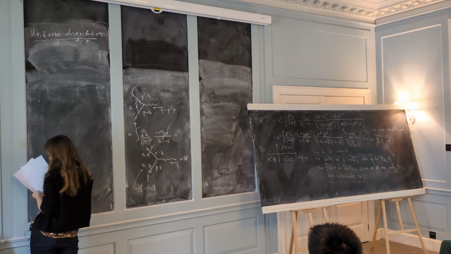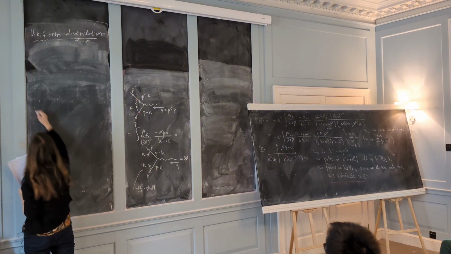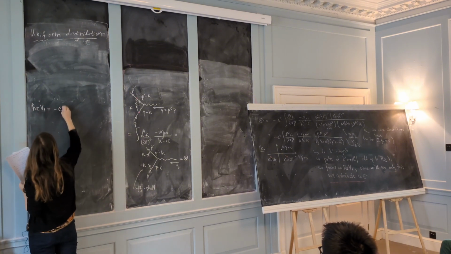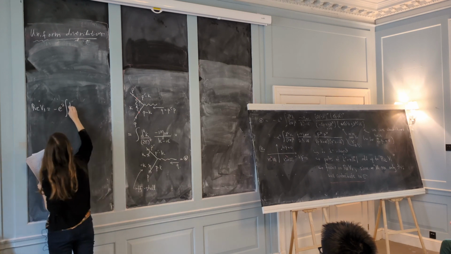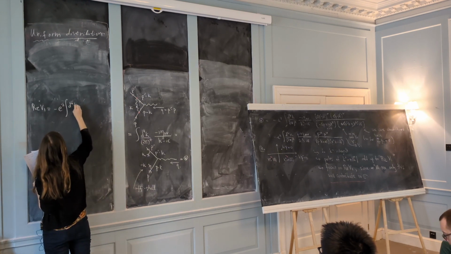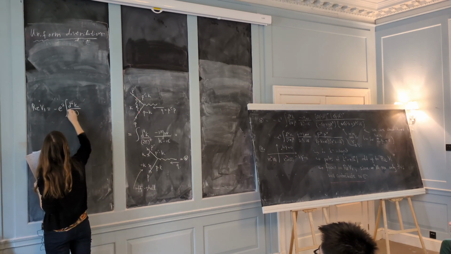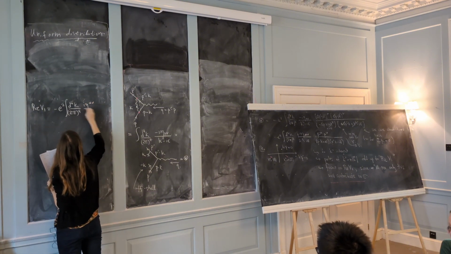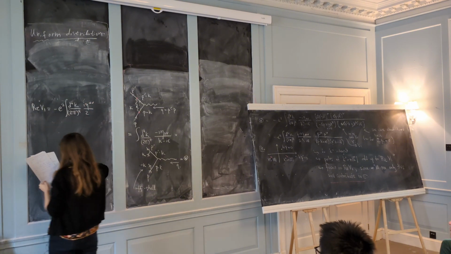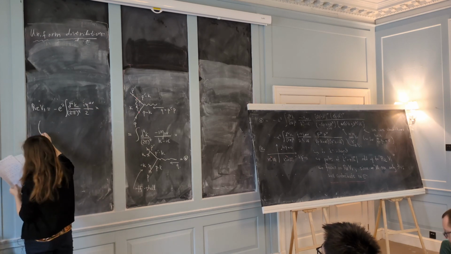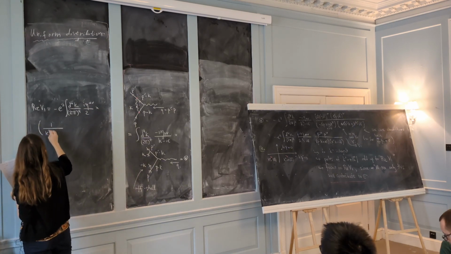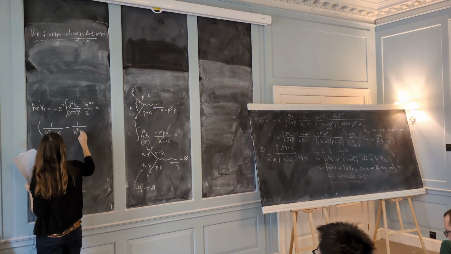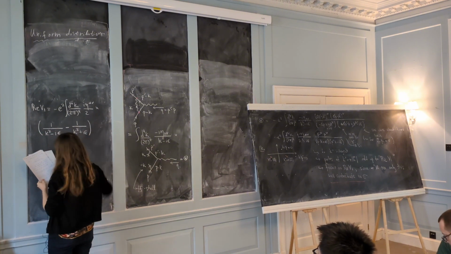So the real part of that function is e squared d4k divided by 2 pi to the 4, i eta mu nu divided by 2 from the real part, and then we have 1 over k squared minus i epsilon minus 1 over k squared plus i epsilon.